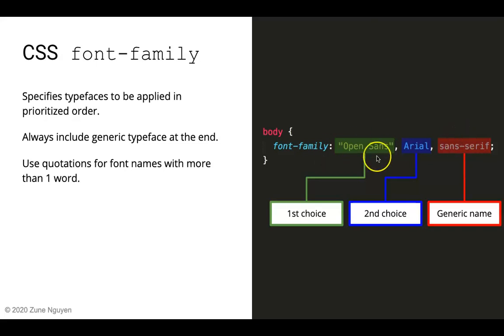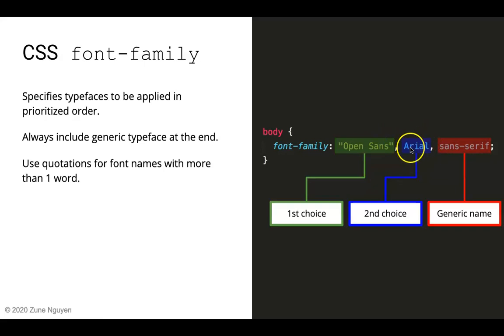But to support some other browsers that still don't let you add extra fonts, they gave this kind of solution here. We call this a fallback solution. Whenever you add a font to your website, this is the first choice. Okay, so let's say Open Sans. But let's say for whatever reason your browser doesn't support the Open Sans font, or something went wrong and you can't load Open Sans.